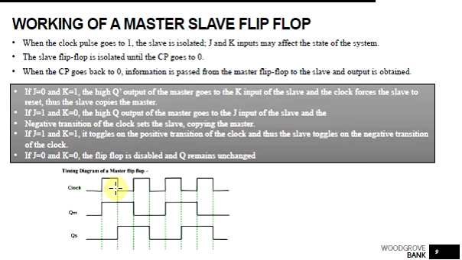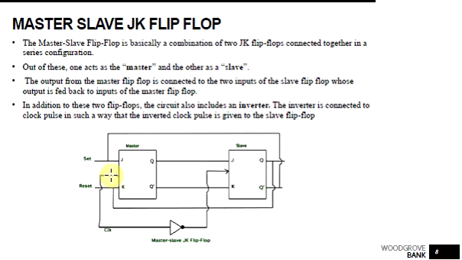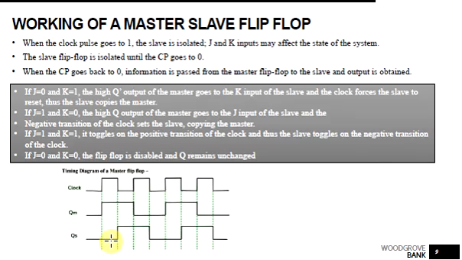During the negative pulse, the master output remains the same, but the slave becomes active, and that makes the Q output of the slave go to the high state.